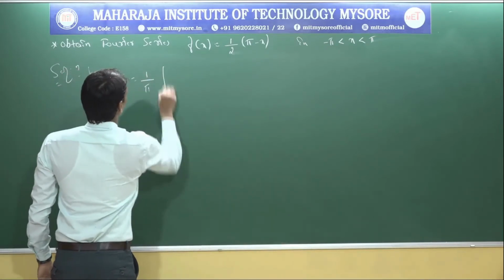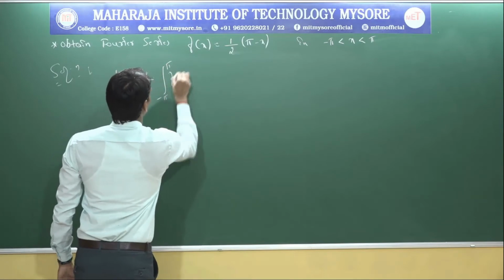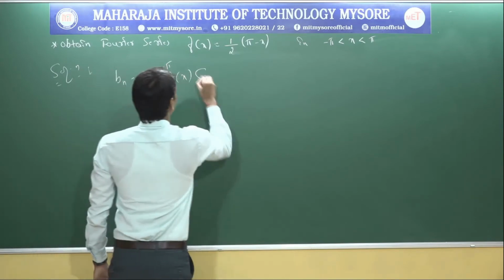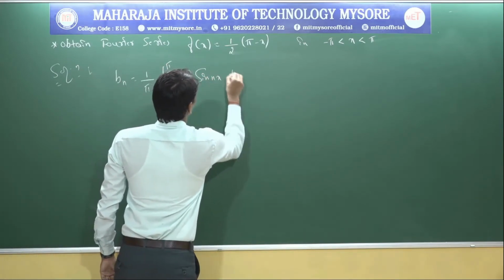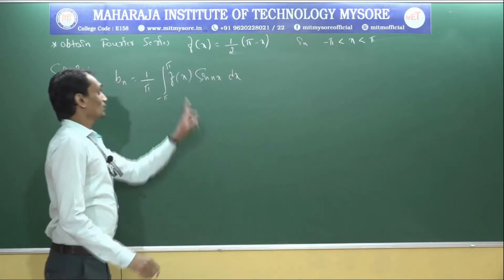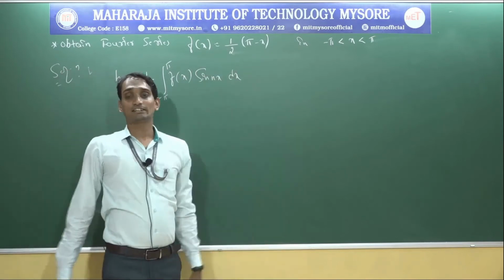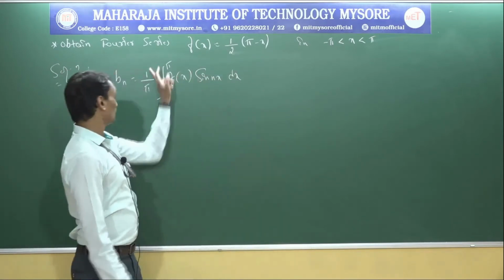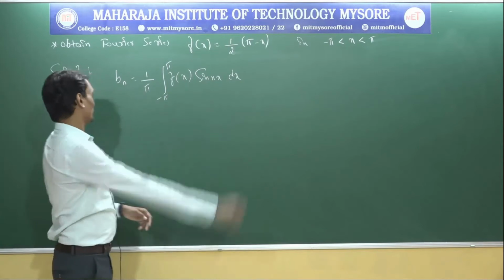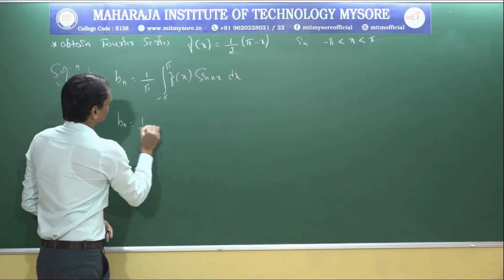Bn equal to 1 by pi, integral from minus pi to plus pi, f of x into sin nx dx. Why did I take minus pi to plus pi? Because the given function is neither even nor odd. Now I will substitute the f of x value.